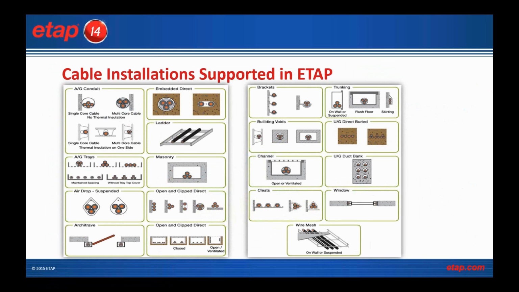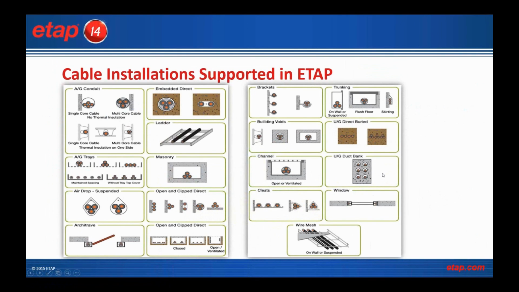Now, when we talk about cable installations, these are the cable installations that are currently supported by ETAP. Obviously, not all of them are covered by every single standard. For example, IEEE 399 Brown Book covers underground, direct buried, and duct bank standards.